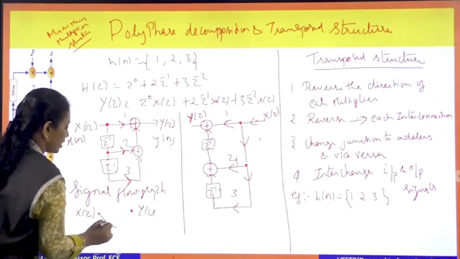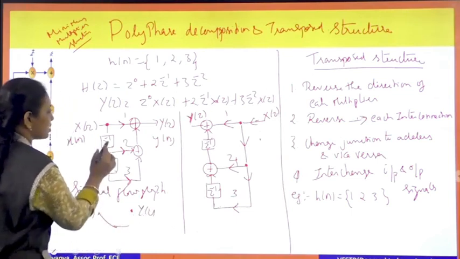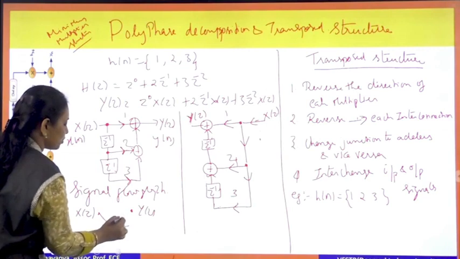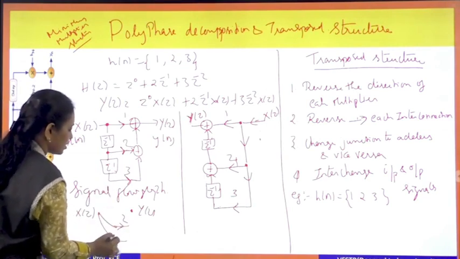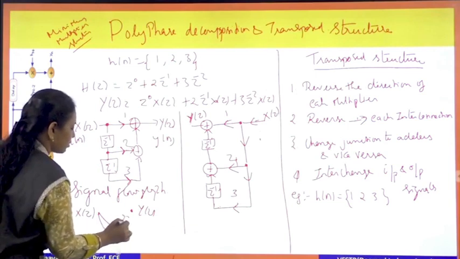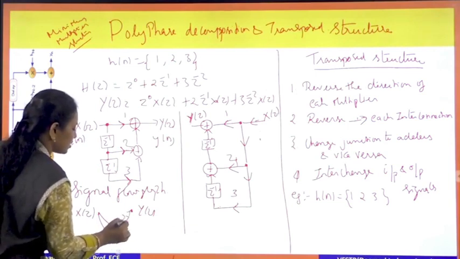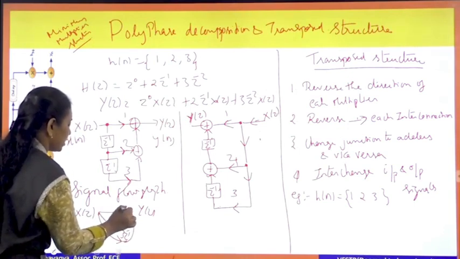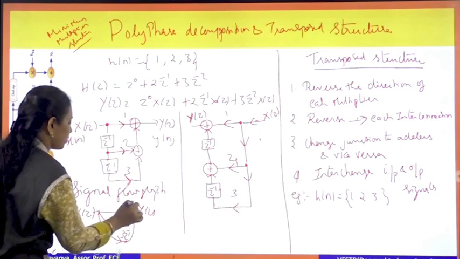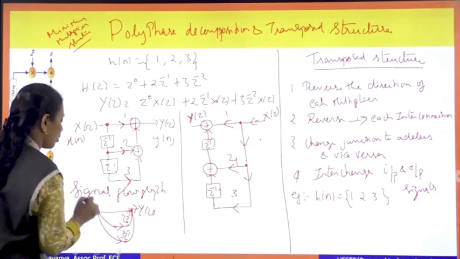I can put here the multiplier, which is my multiplier 2, and this is another multiplier I am having, which is 3. I can put z inverse, and they are added. This is my summing node, and here I can put the arrow mark, input, output.